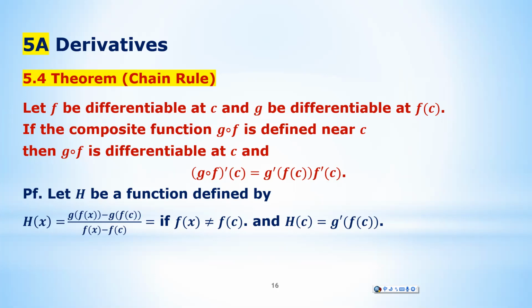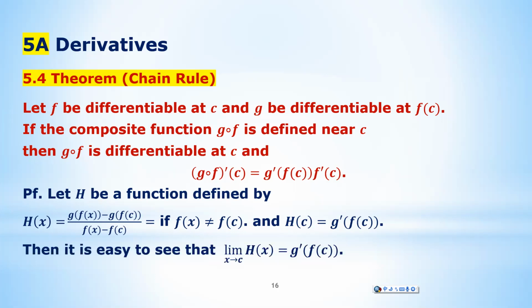So the correct way to think about this is that if f(x) equals f(c), then h(x) is just equal to g prime of f(c). So h is a function defined this way.